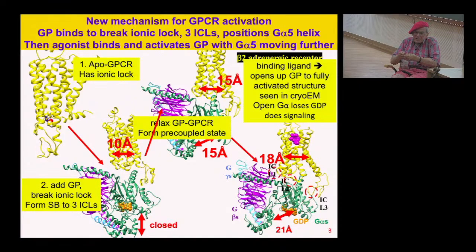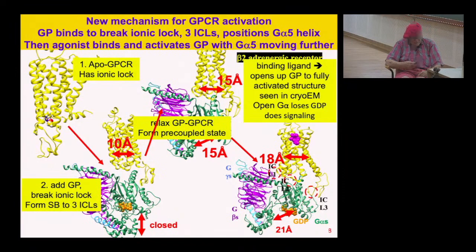We let them interact, and that C terminus interacts with the ionic lock, the salt bridge between R350 and E whatever, and opens up the salt bridge, and then it relaxes with 10 angstrom separation to this final separation of 15 angstroms, still keeping the RAS domain and the helical domain of the G alpha holding on to the GDP tightly.